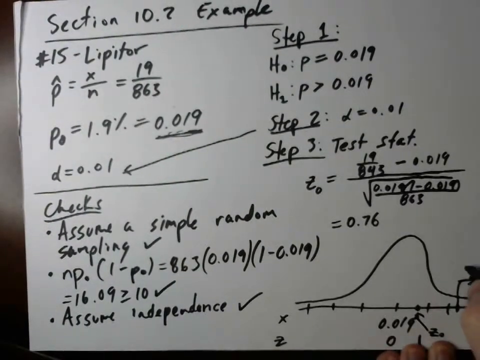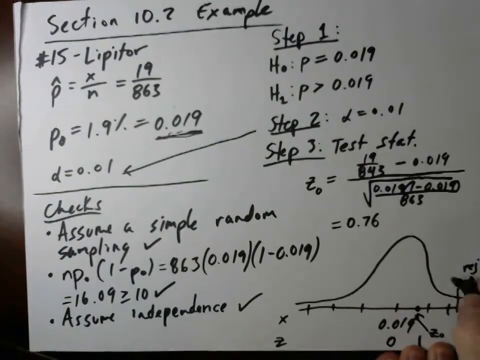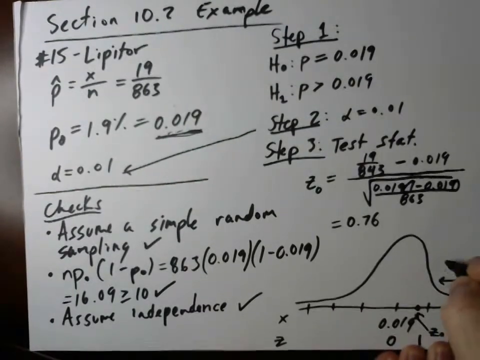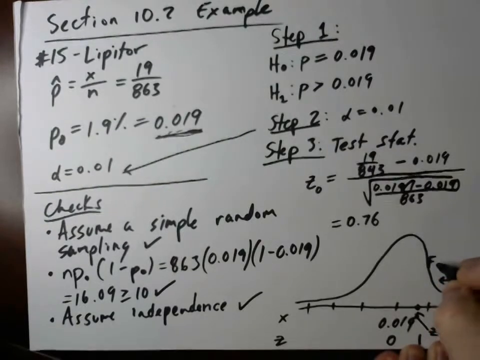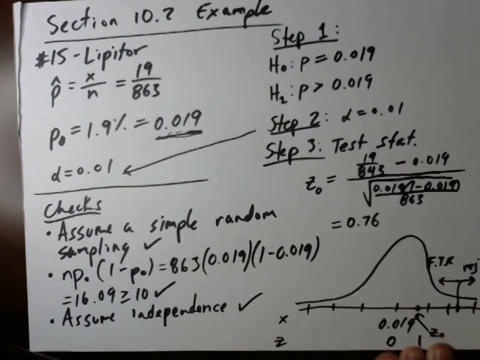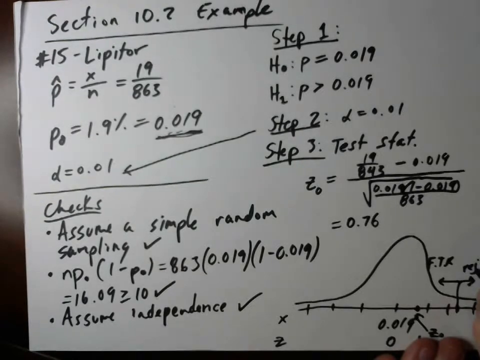This would be the boundary of reject or fail to reject, and I'll put FTR. So would we reject H0 or fail to reject H0?